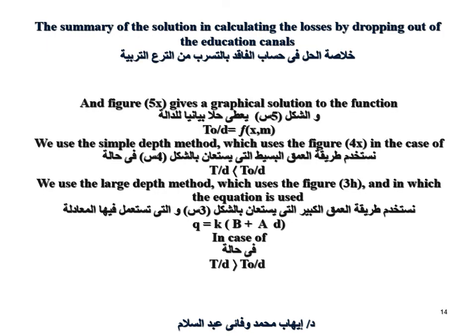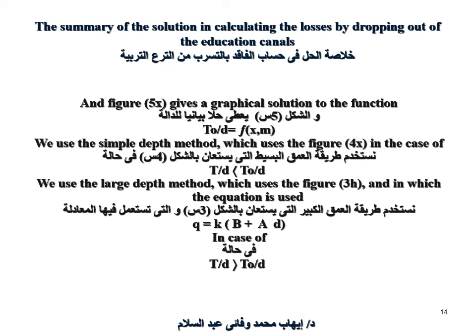The summary of the solution in calculating the losses by seepage from the canal. Figure 5x gives the graphical solution to the function T naught over D as a function of x and m.